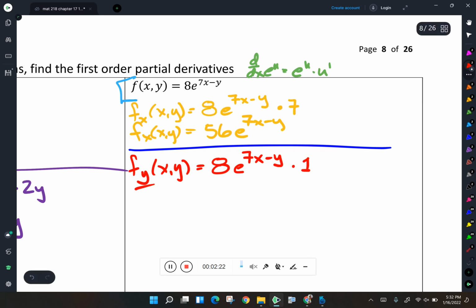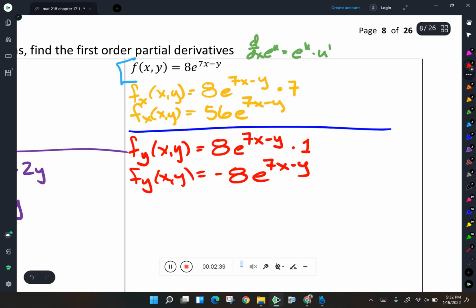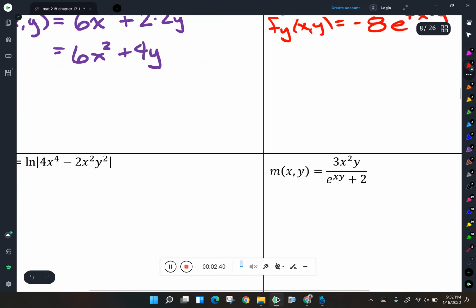That'll just be a negative 1. And so I get negative 8 e to the 7x minus y. Nothing more I can do with that, so let's go ahead and properly name it. The first order partial of f with respect to y is negative 8 e to the 7x minus y.